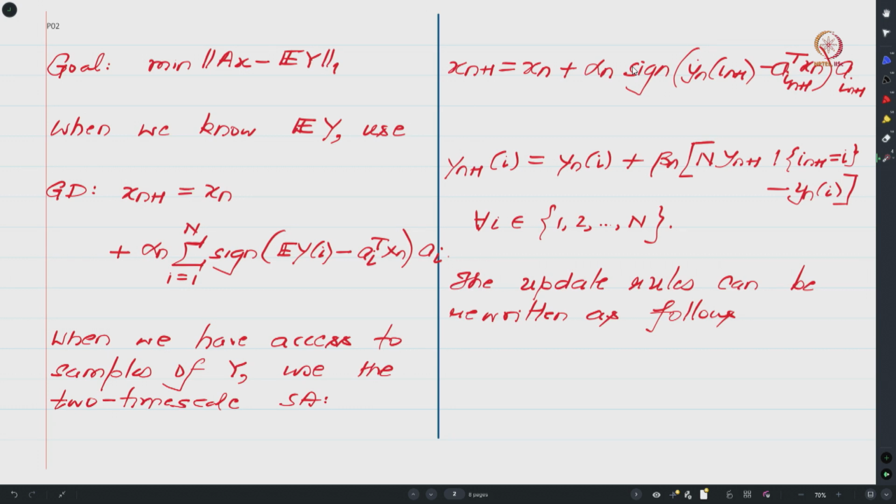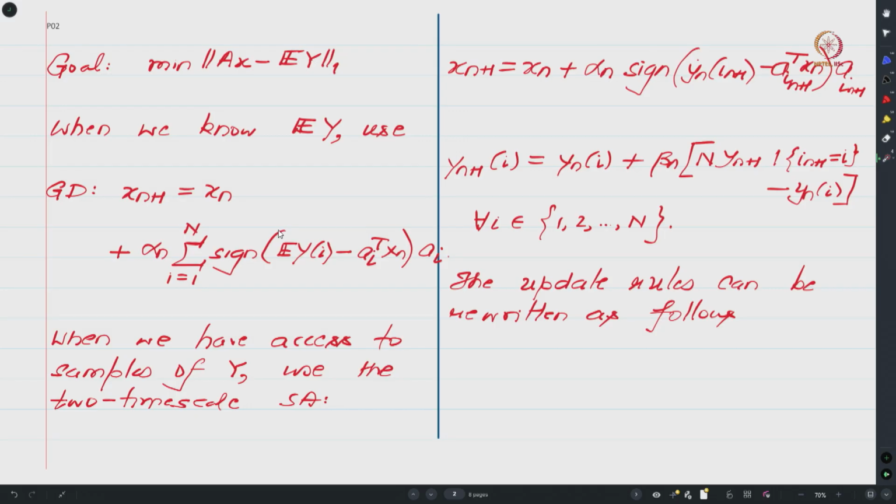So because of that reason, instead of plugging in calligraphic Y_{n+1}, we actually plug in little y_{n+1}, and the idea is that as n becomes larger, this y_n will start getting closer and closer to expected value of y, in which case at least in an asymptotic sense this update rule will start looking like this. So that is the hope.